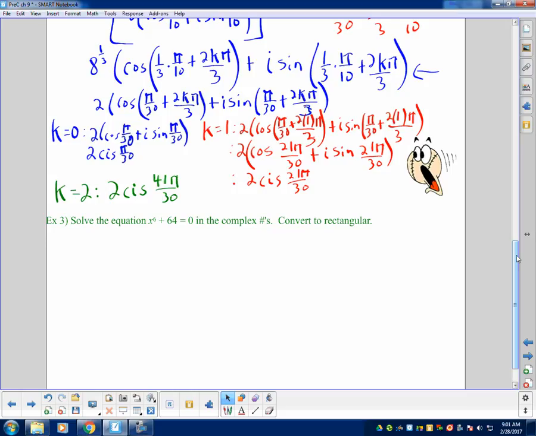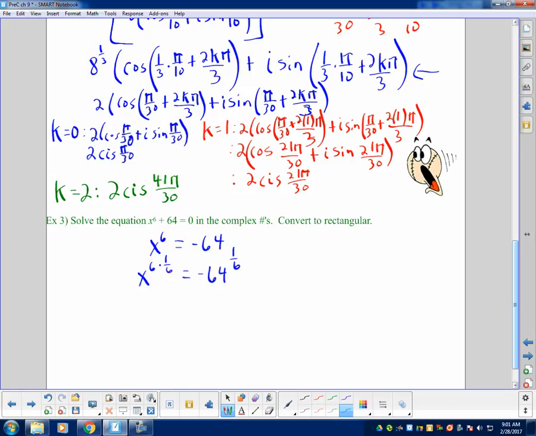That's what the roots are. So x to the 6 plus 64 equals 0. So what I would do first on this is I would say x to the 6th equals negative 64. And then if I'm solving for x, I would take the 1/6 power of each side, or the sixth root of each side.